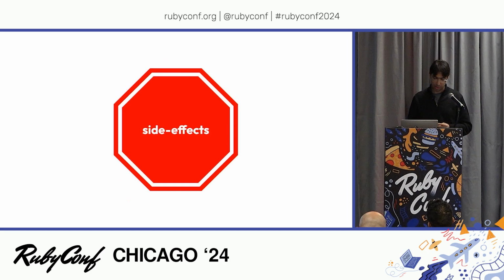But of course, there are always going to be things that we have to think about. So one thing we haven't thought about is this idea of side effects. So if you've done some functional programming, you're familiar with this. But for those people who are not, I'll just give you a quick intro to what side effects are.